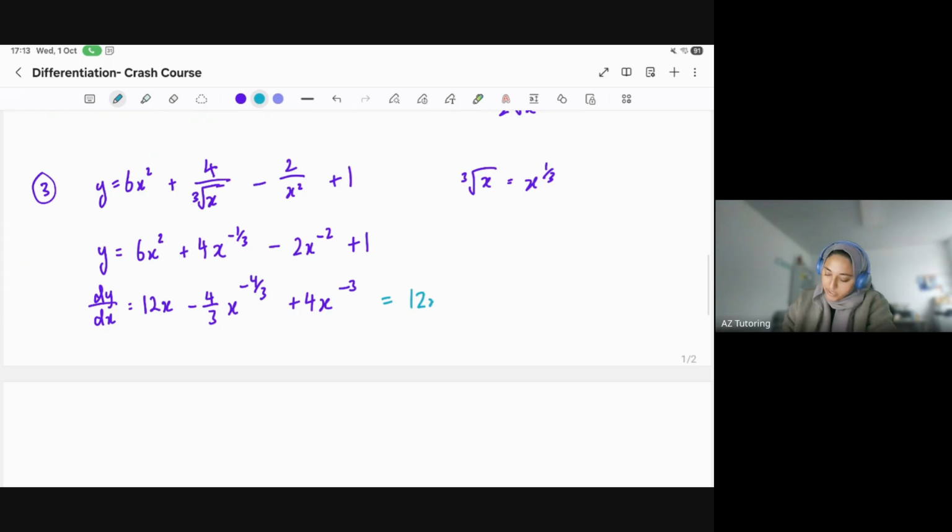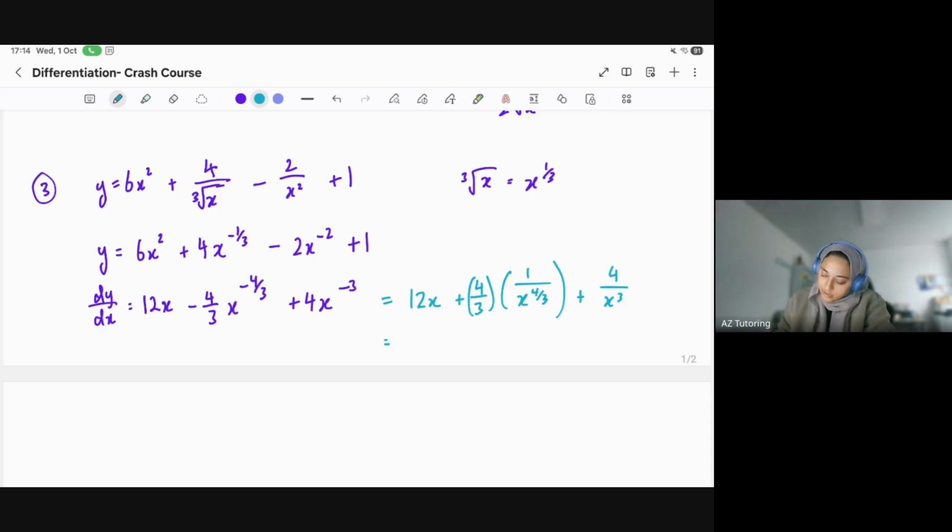So I can leave 12x as is. Minus 4 over 3. I'll just leave this here for now. We can simplify it. x to the power of minus 4 over 3 is 1 over x to the power of 4 over 3, plus 4 over x cubed, because it's x to the power of minus 3.